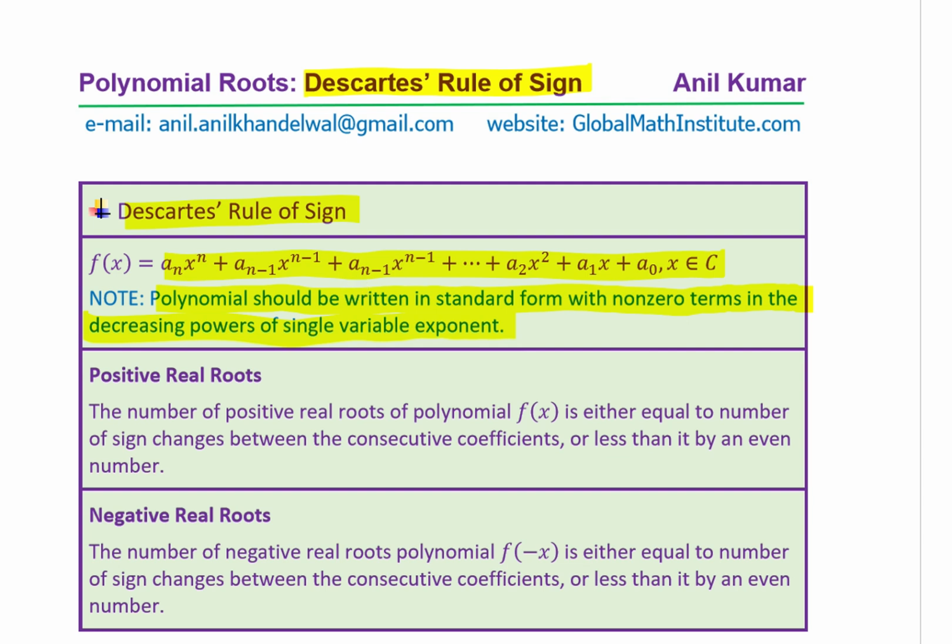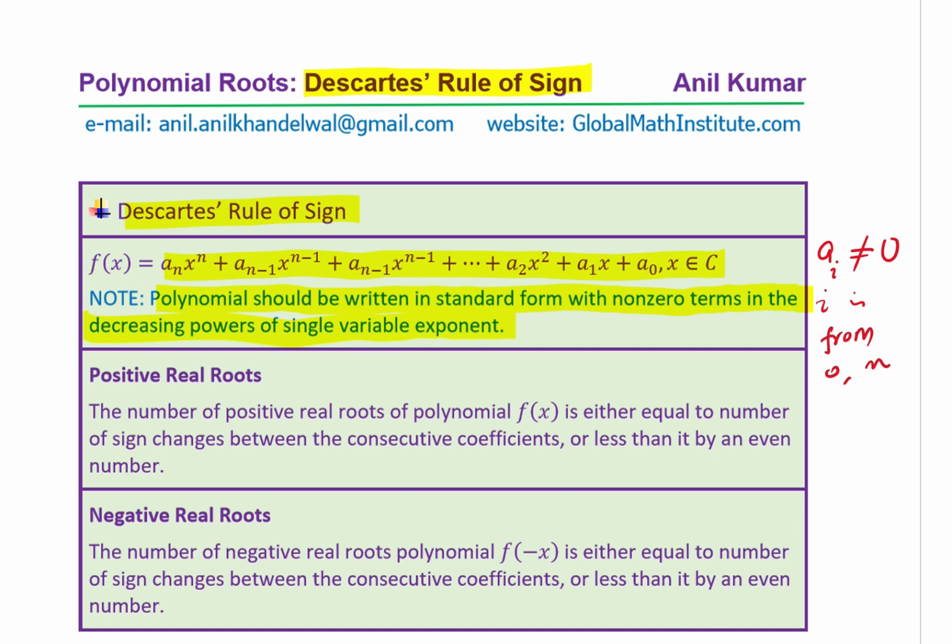So clearly here in this case we have a_n is not equal to 0. All the a_i's where i is from 0 to n are not 0.